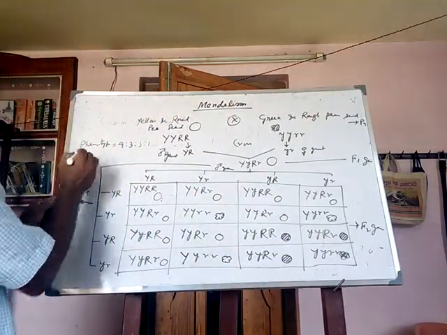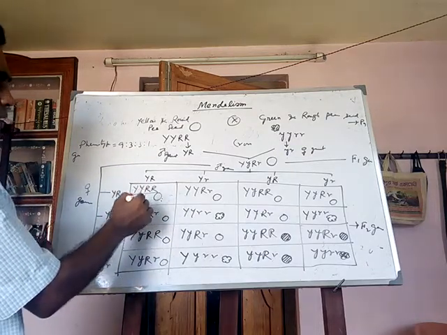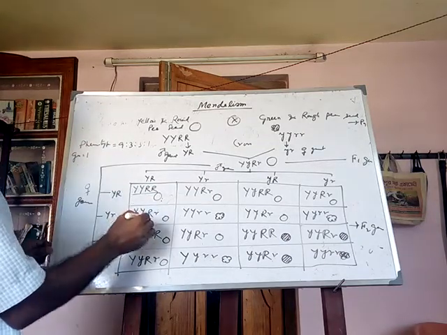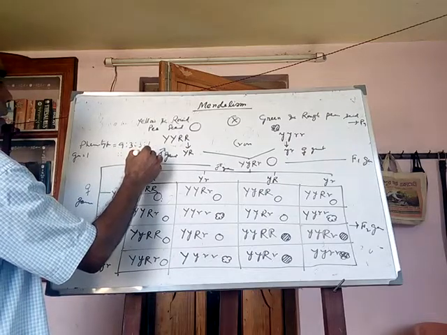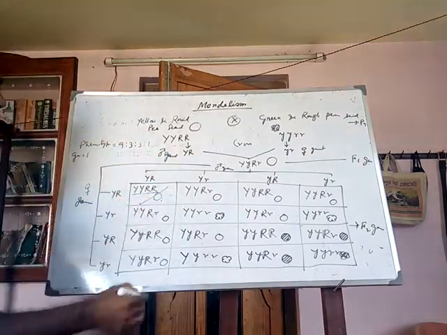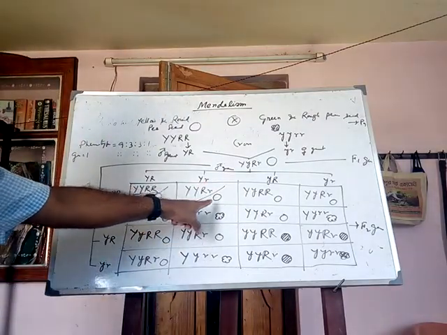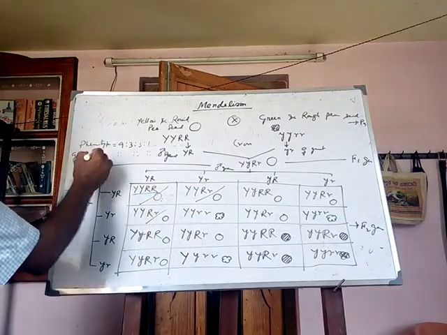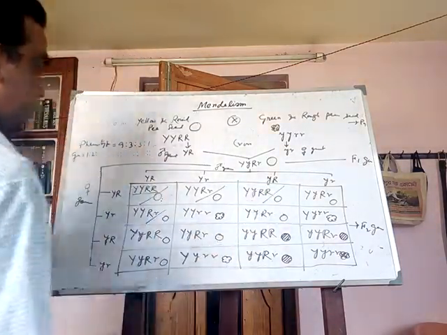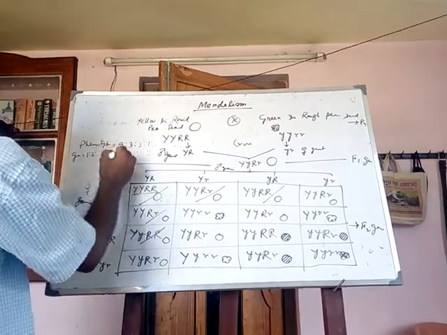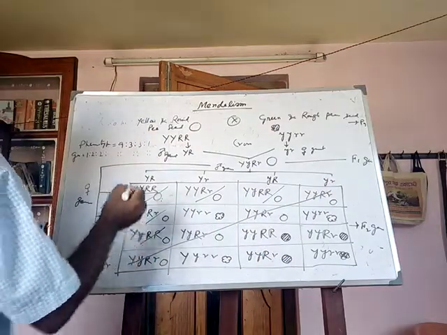The genotypic ratio: this type of seeds, the genotype is 1. This type of capital Y capital R small r, 1, 2. That is 1, 2, and that is here 4.